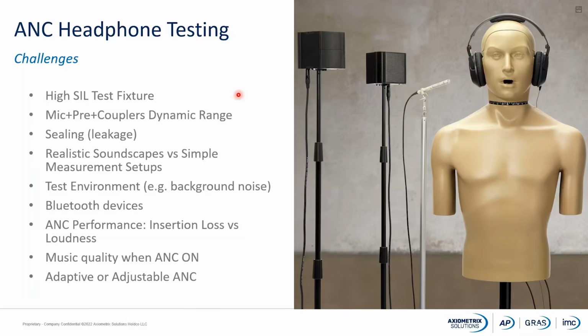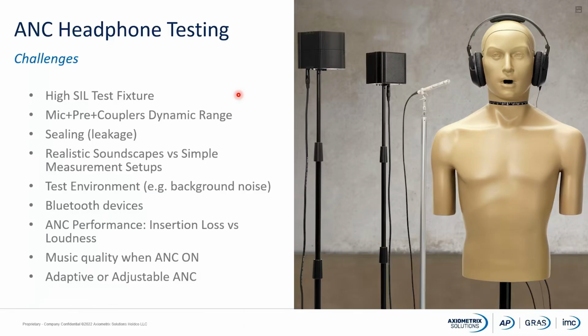Some challenges to take into consideration. First of all, as I mentioned before, the high self-insertion loss of a test fixture is something that we need to consider. In some cases, some customers are forgetting about this, and they might be actually measuring the self-insertion loss of the head and torso simulator itself instead of measuring the actual performance of the ANC device.